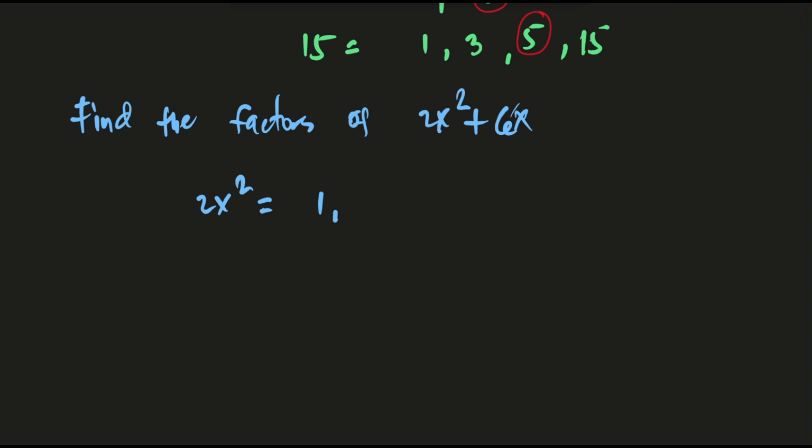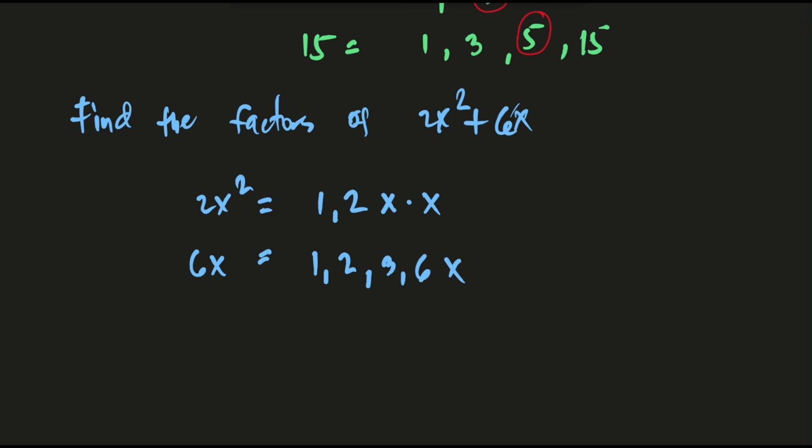We have 1 and 2. And then factors of x squared, that would be x times x. Now we're going to take a look at the second term, which is 6x. What are the factors of 6? You would have 1 times 6, 2 times 3, right? And then the factors of x is just x.